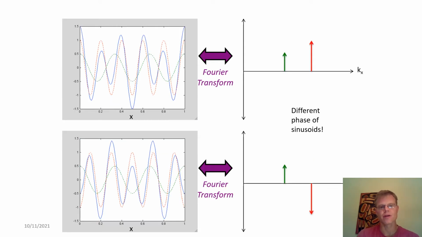We see the red curve in the top starts at 1 and then goes down to -1, whereas the red curve on the bottom starts at -1, goes up to 1. They're both a sinusoid, okay, but they have what is called a different phase. So they're starting at a different position within the sinusoid. So we're encoding this information as well.